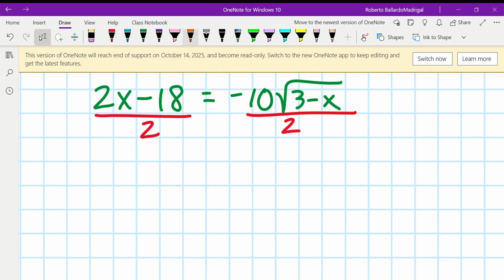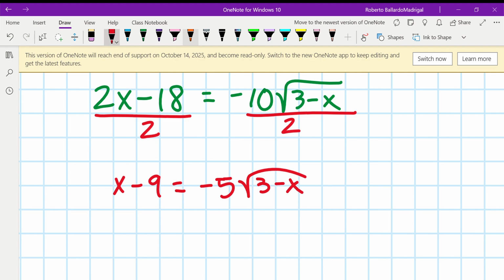So that'll give us x minus 9 equals negative 5 radical 3 minus x.